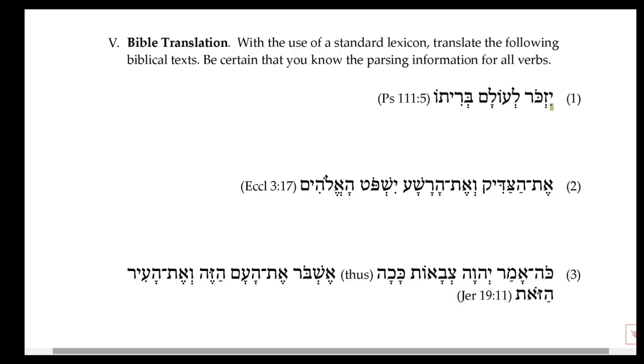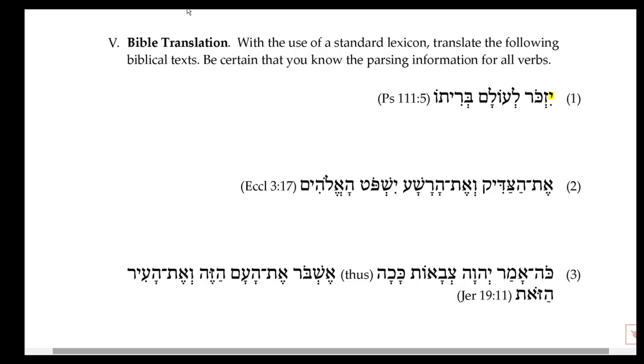So here we have a nice imperfect, the yod prefix, no suffix, prefix vowel hireq, and R1 vowel silent schwa. And so this is going to be a nice standard Qal imperfect third masculine singular.